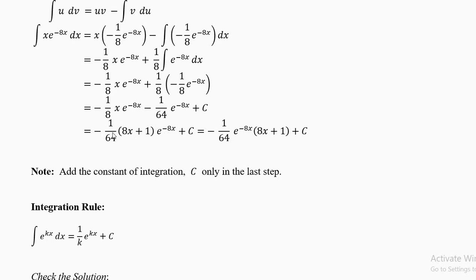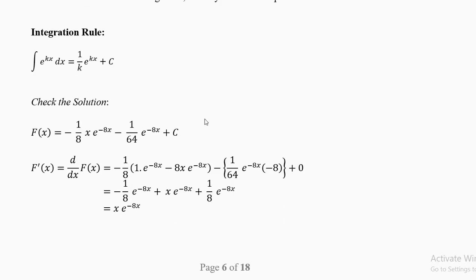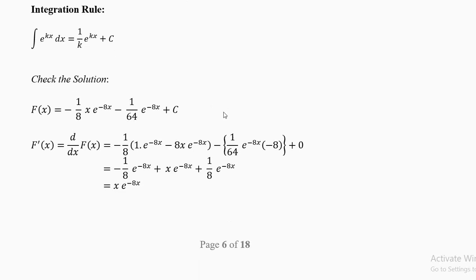You'll get minus 1 over 64 bracket 8x plus 1 e power minus 8x plus c. This bracket can be written either on the left or on the right of the exponential. Both are fine, but we have to be conscious that we can do it in different ways. Again, you have to differentiate and check the answer. I will not do differentiation again and again. This is from calculus 1. You have to manage it yourself.